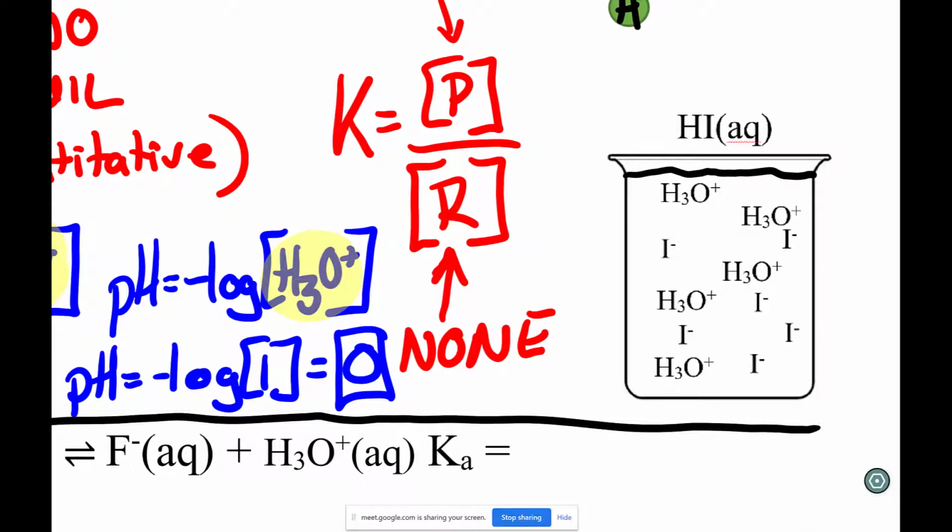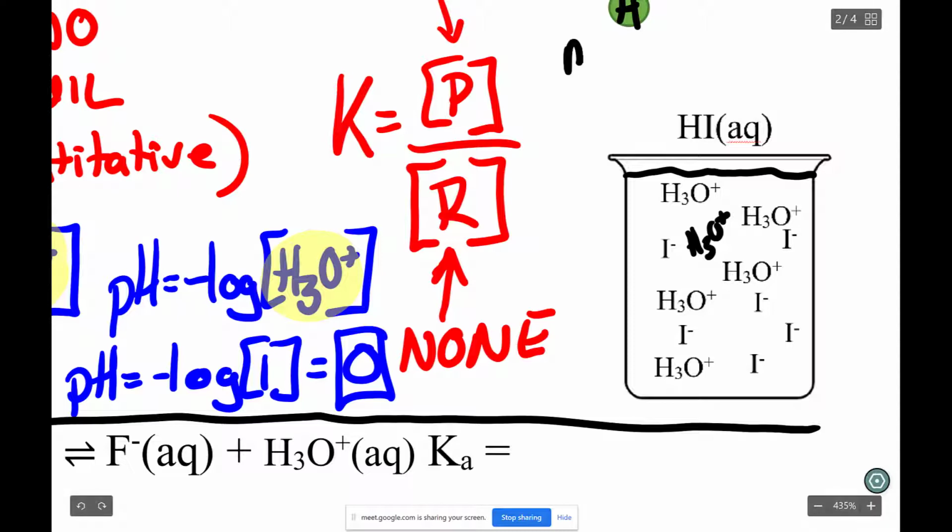Because it reacts with water 100%, it's going to turn 100% into products, and they should be relatively the same amount of each. So for instance, I have 5 hydroniums here. I have 6 iodides. I probably should have 5 because if it was a 1-to-1 ratio, I'll add in 1 more hydronium. But I have no reactants.